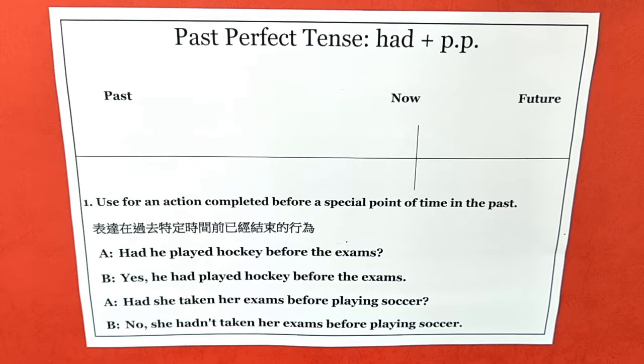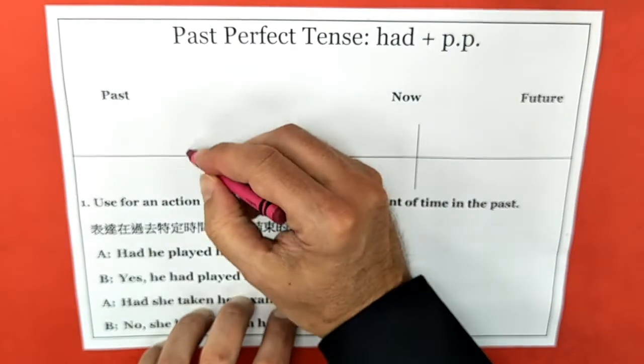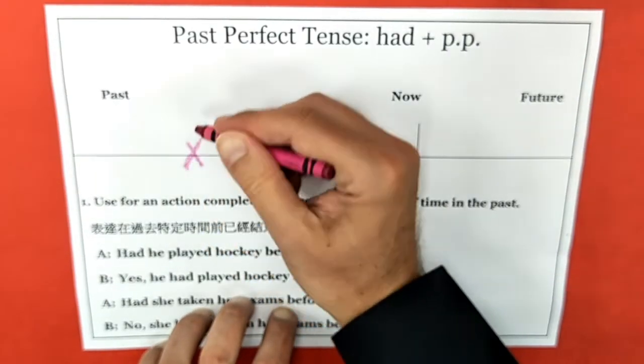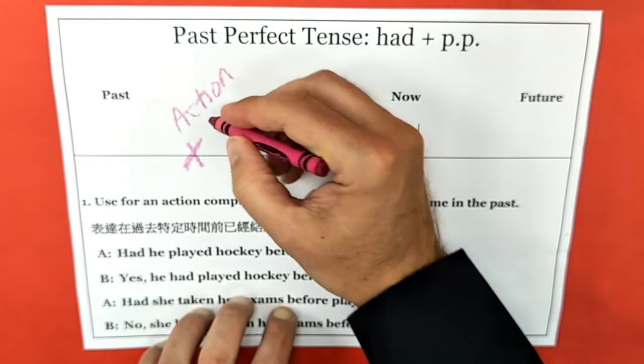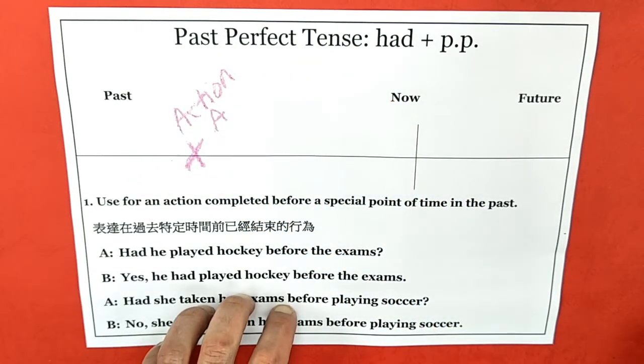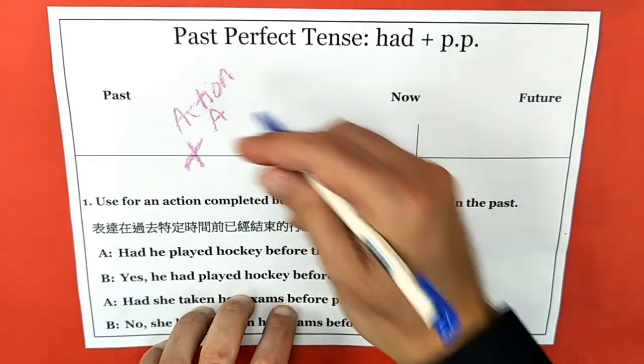A, had he played hockey before the exams? B, yes, he had played hockey before the exams. All right, well, let's draw that. First we have here action A. Action A was playing hockey.